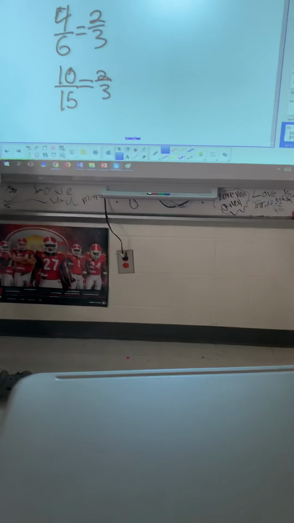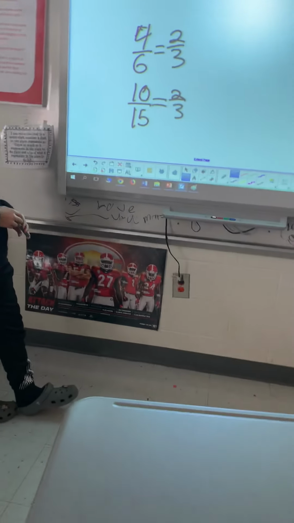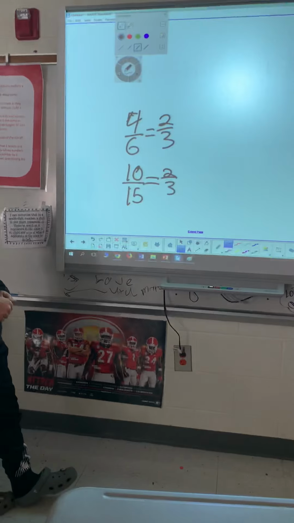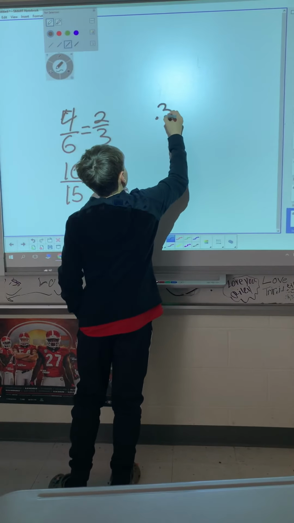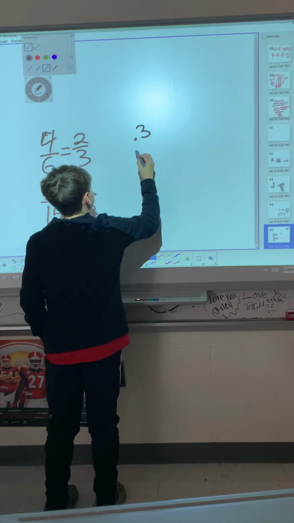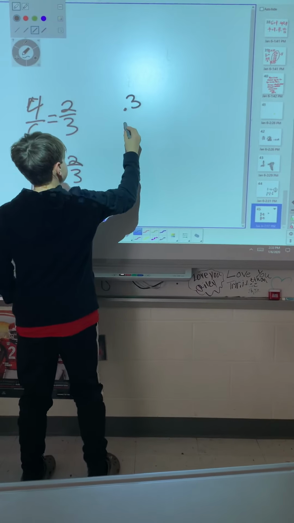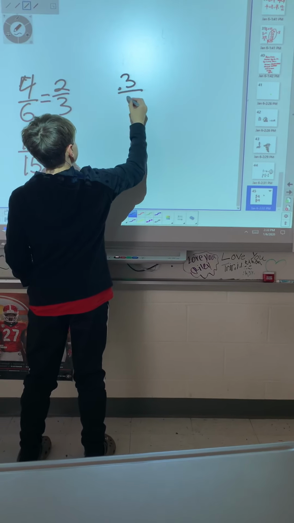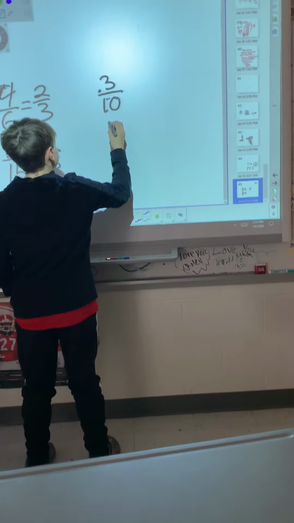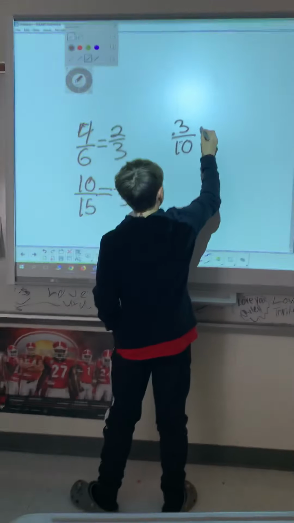10/15 is 2/3. On the next one, it says 3/10 plus 2/5. And when it says find the sum, so this is fractions actually. 3/10, even though that is 3/10 as a decimal, write it as a fraction, plus 2/5.